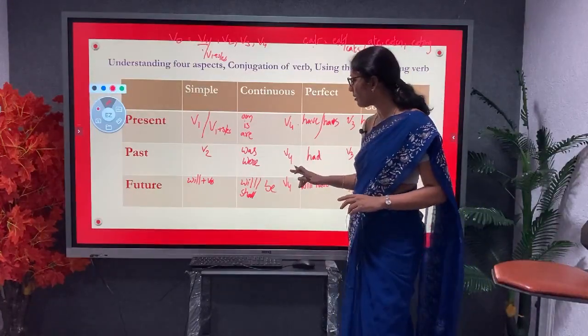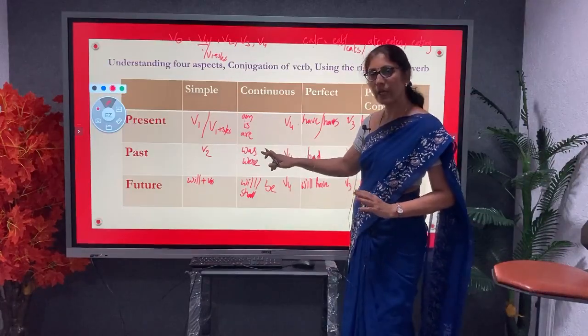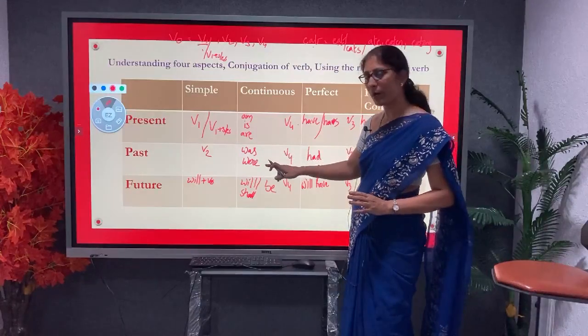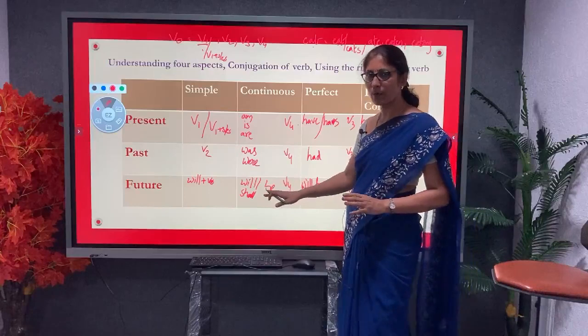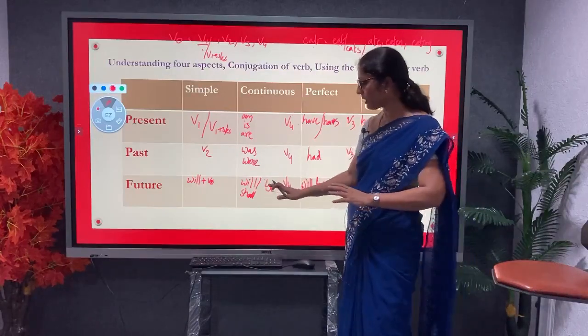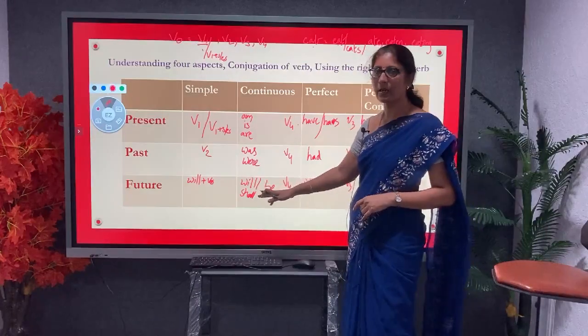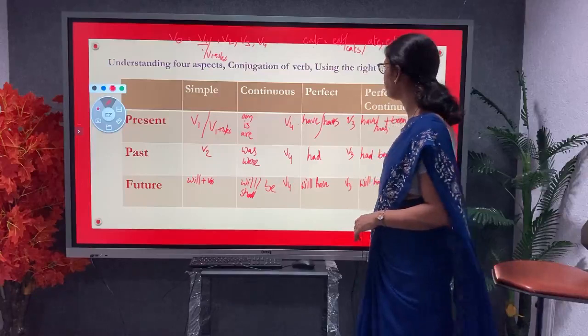Past continuous again means V4, but the helping verb depends on a singular subject or plural subject. Next, future continuous: here there is no singular and plural differentiation. We generally take will be. For first person singular and plural it is generally considered shall, but you can go with will be.